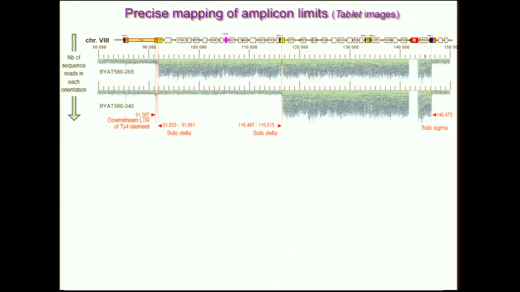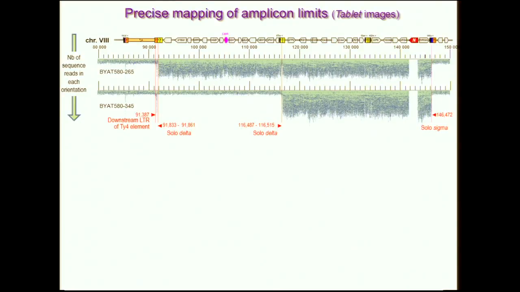And if we zoom on the limit of the amplified segment, we find something interesting. The amplified segment here on the right border, we have sequenced it, so we know exactly where it is, follows a solo LTR from a transposon, from the sigma family, a TY3 family. The left border falls into a TY4 LTR element.